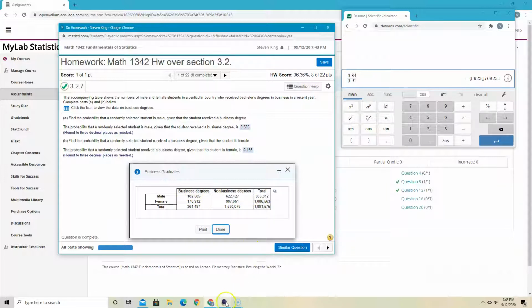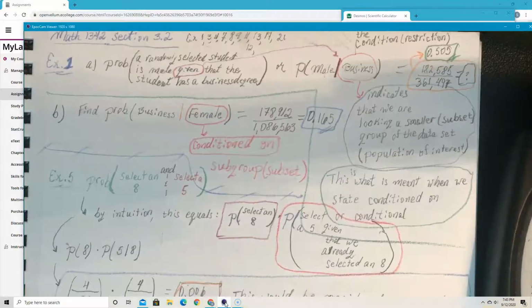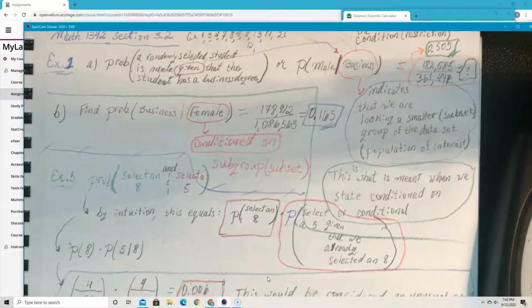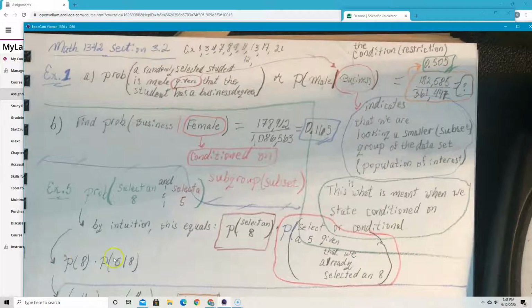So let me show you that on my paper. Number one, the probability that a randomly selected student is a male, given that the student has a business degree. And here's something new right here, and this is this condition, this restriction.